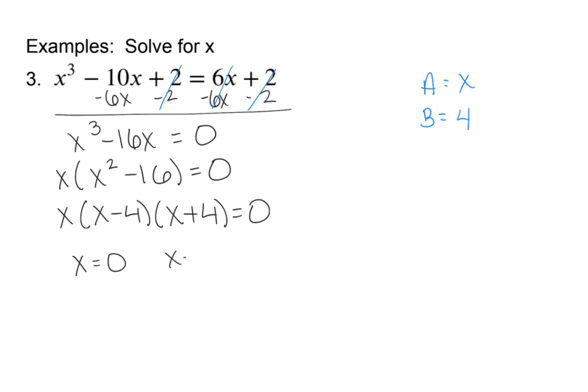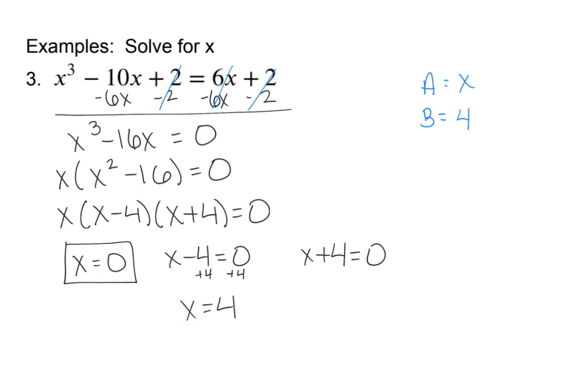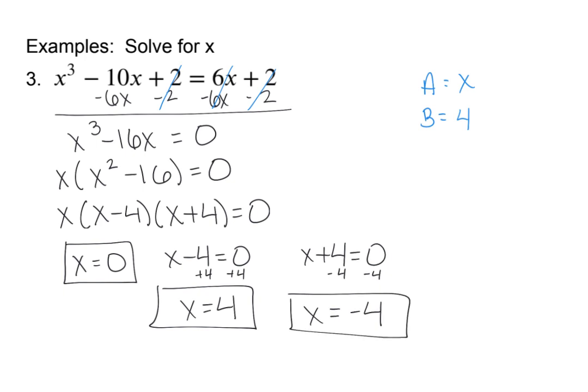The second factor, x minus 4, equal to 0. And the third factor, x plus 4, equals 0. So here's an actual answer, x equals 0. Then to get this one, I need to add the 4 over. So there's a second answer. And then here I'm going to subtract the 4 over. And here's my third answer.